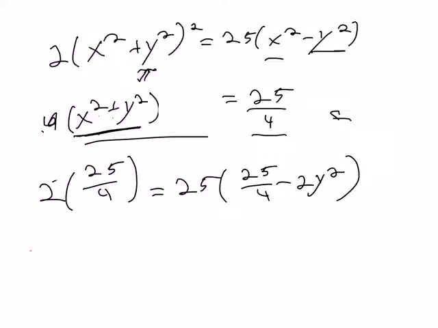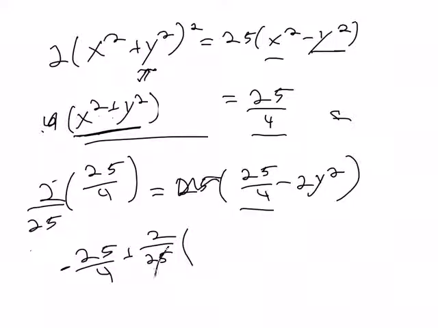And so then this comes over here at 25, and then we take minus this. So we're going to get 25 over 4, right? We have minus that, plus 2 over 25, times 25.